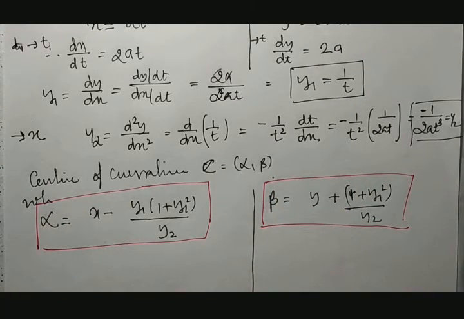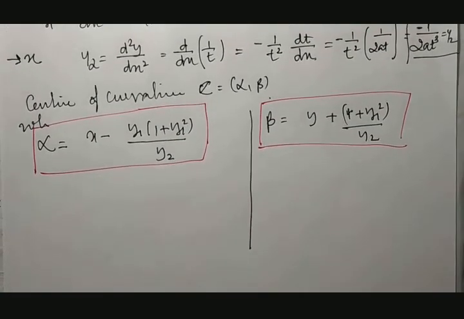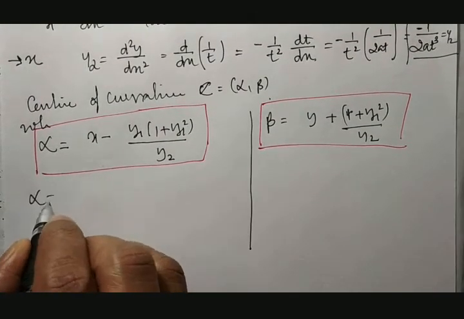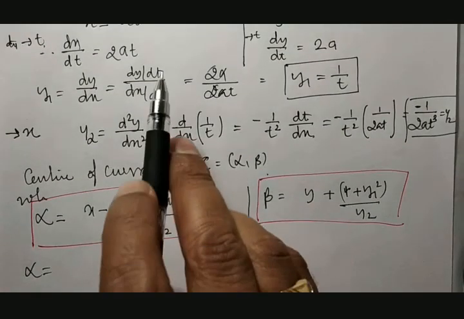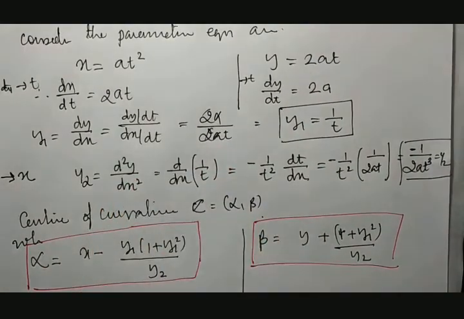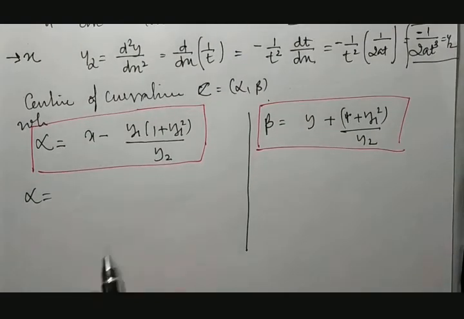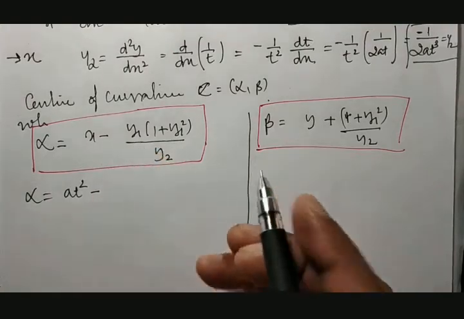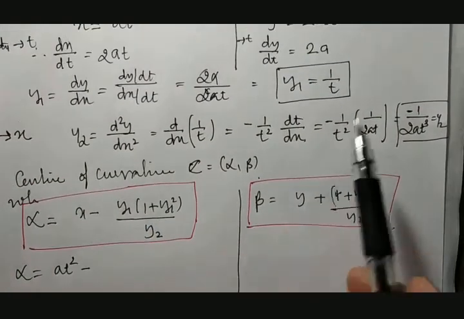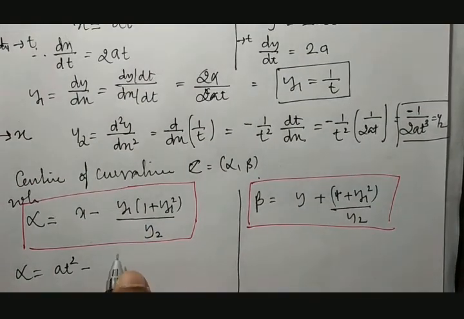When we substitute the values, let us see what happens. To calculate alpha, what we do? Alpha is equal to x. But we know that what is x? Parametric condition. x is nothing but at square. Fine. So alpha is equal to at square minus y1. What is y1? y1 is nothing but 1 by t.